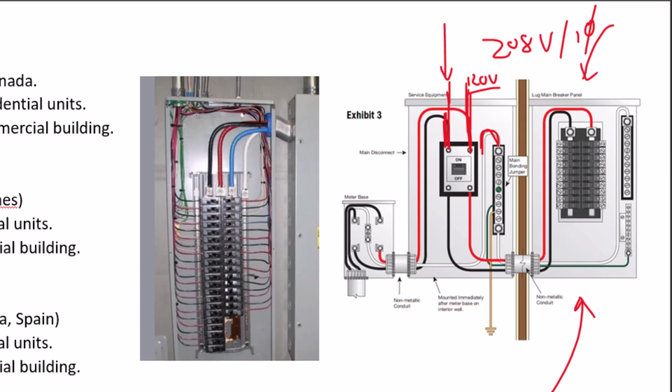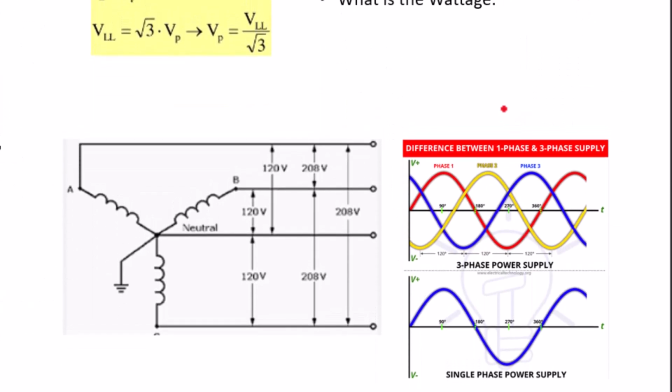So sometimes you can also have 208 three phase, and that's represented by this picture here. And you can see that there are 3 hot legs here. It's the black, the red, and the blue, and the white is the neutral. So this can also be represented by this graph here and also this picture here.